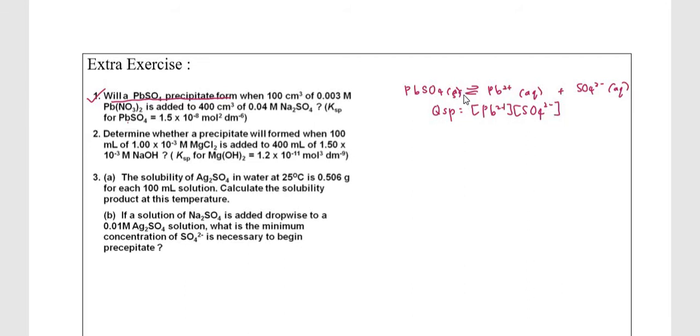Okay, now if you want to insert the value of concentration of Pb2+, but your data does not give the exact concentration of Pb2+. It just gives data about Pb nitrate and sodium sulfate. So what should I do?